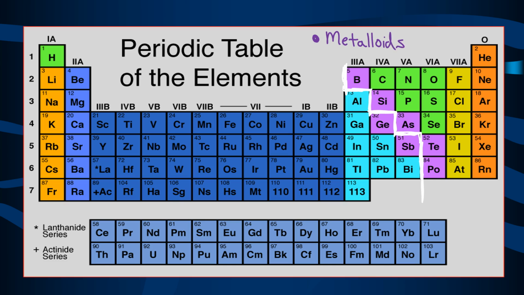And I would recommend you getting 3 colors. You don't have to use necessarily the ones that I say, just so long as you identify each group as what it is.